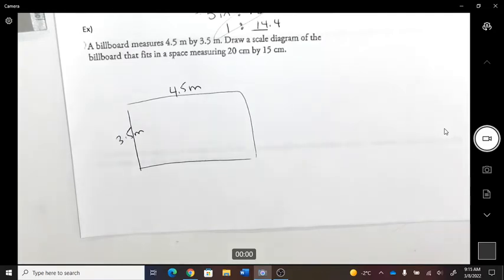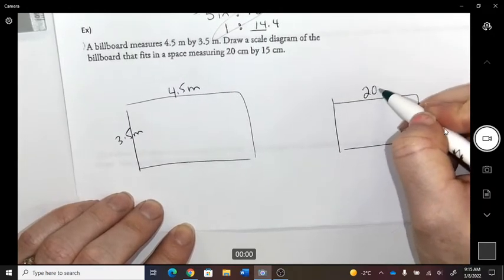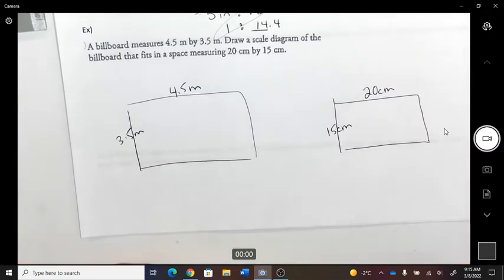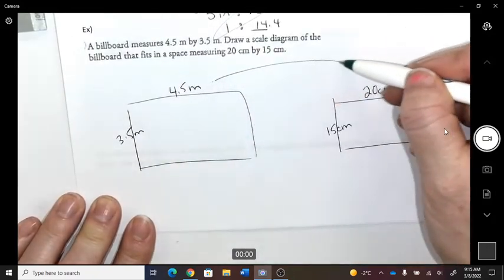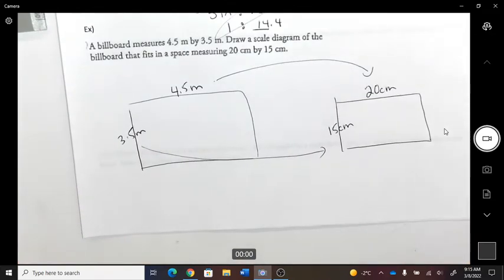So I want to take this billboard and I want to be able to fit it onto a diagram on a piece of just my paper. And my paper is 20 centimeters by 15 centimeters. Okay, so what I'm trying to do is obviously reduce that size and shrink it so that it fits onto that.